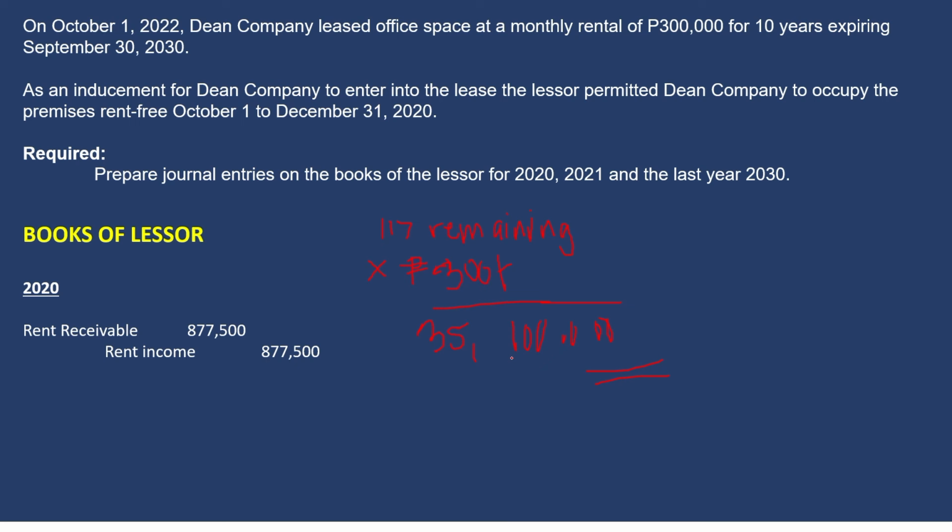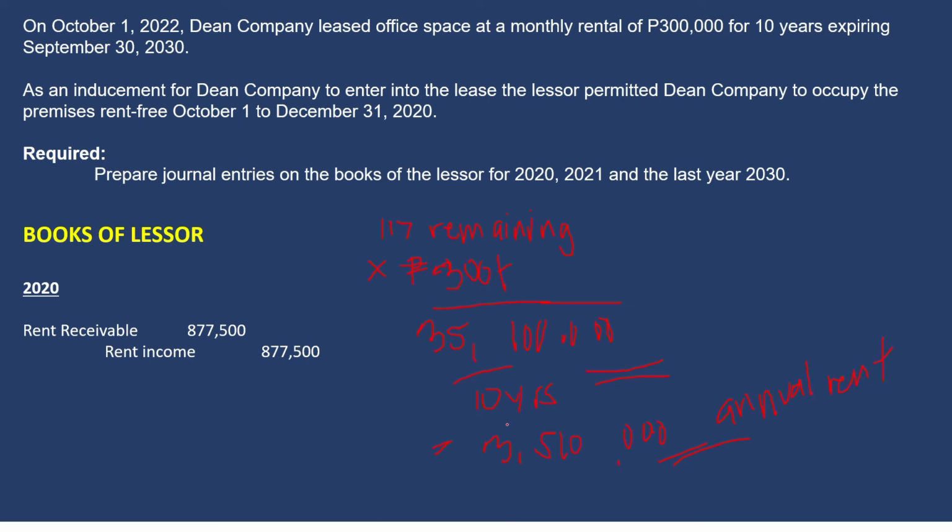So, ang annual is 35,100,000 over 10 years. That's 3,510,000. So, 3,510,000, that's your annual rent.